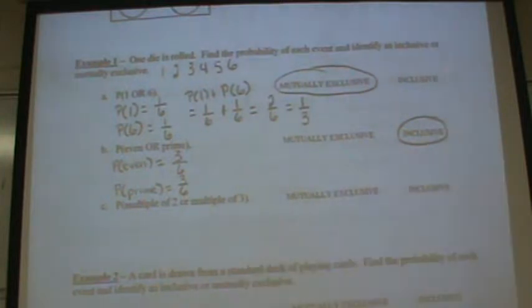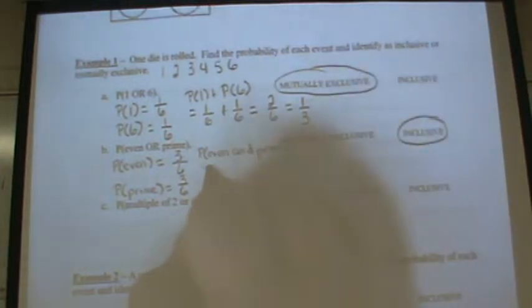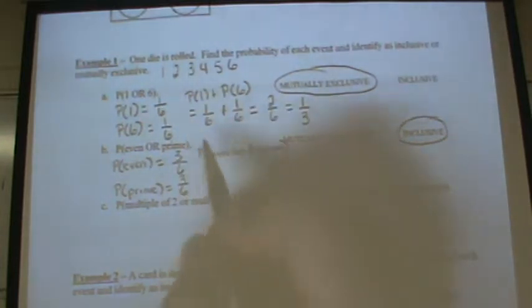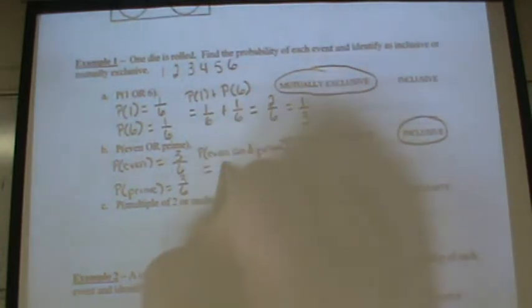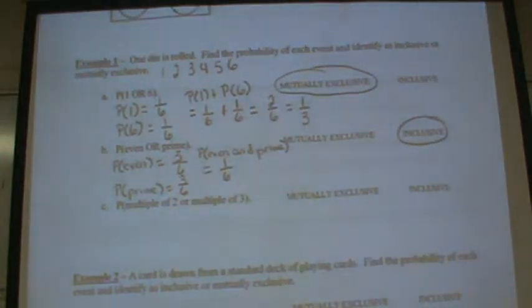Now, because we said this was an inclusive event, we also need to find the probability of when it's even and prime. And we said that 2 was our only choice for an even and a prime number. So we have a 1 out of 6 chance of finding that even and prime number.